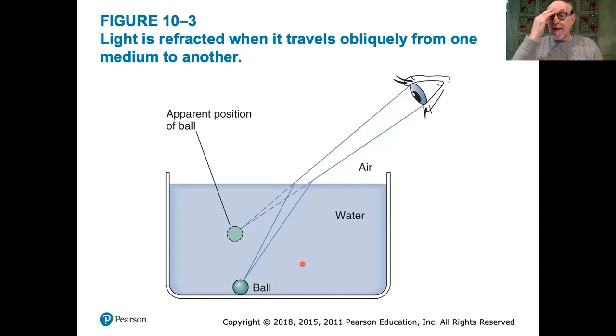Now think that if I shone light onto the surface of the water, it would also bend as it entered the water. Same with glass. As light enters, it is refracted. And as it leaves, it is again refracted.